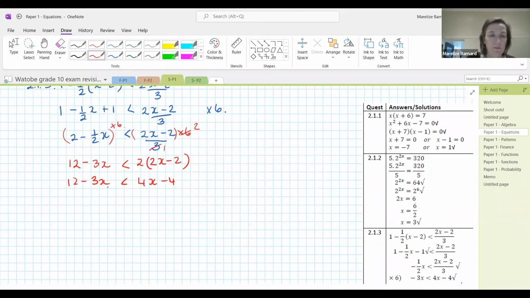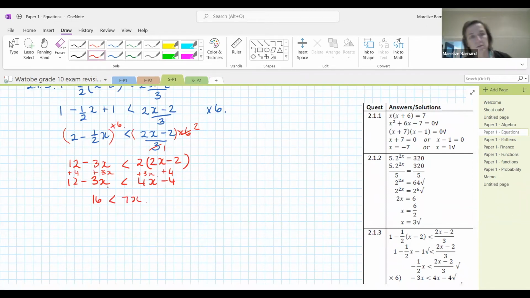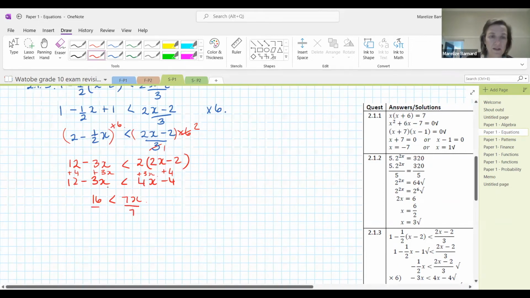I'm going to take the minus 4 and plus it on both sides, and plus the 3x on both sides. That's going to give me 16 and 7x. Then to get the x by itself, I'll divide by 7.